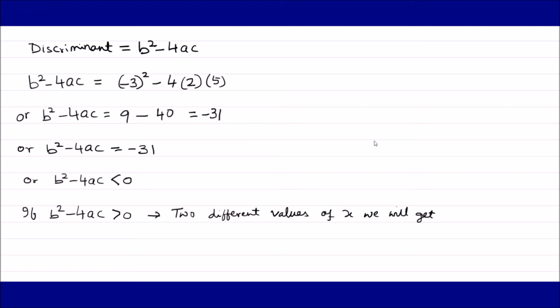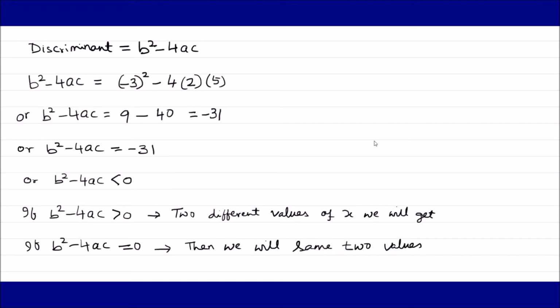And if b² − 4ac is equal to 0, then we will get the same two values of x, because while finding the real roots, we are always finding two real roots of x.